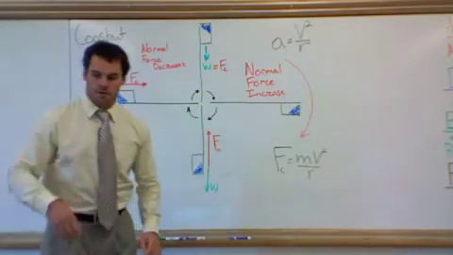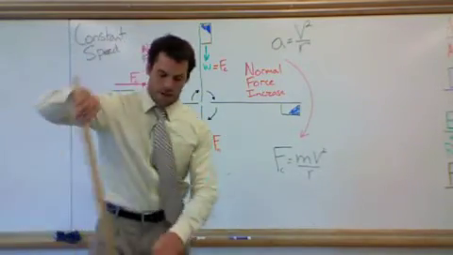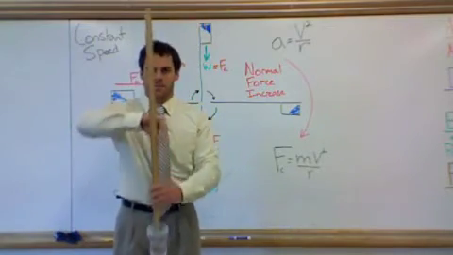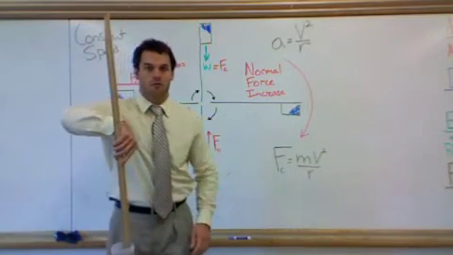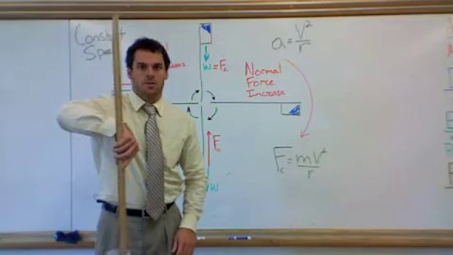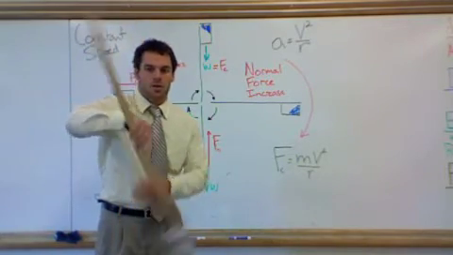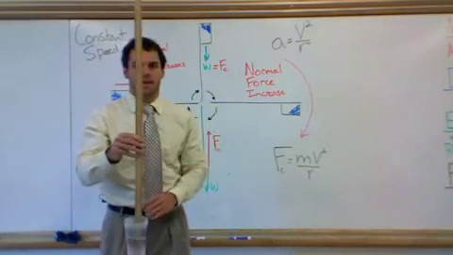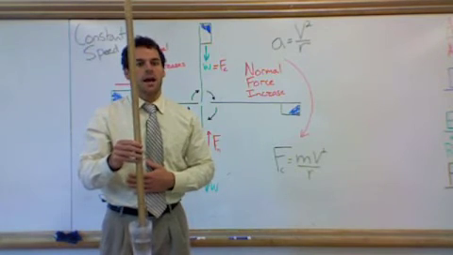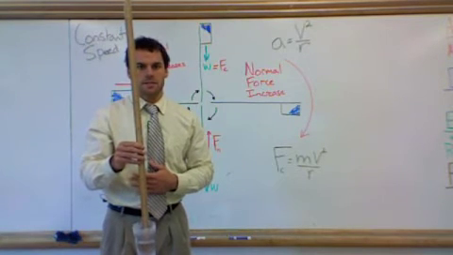So let's look at that once more. I have my delicious cup of water, and I'm going to do it at a smaller radius this time. So now I'm going to go around in a circle, like that.